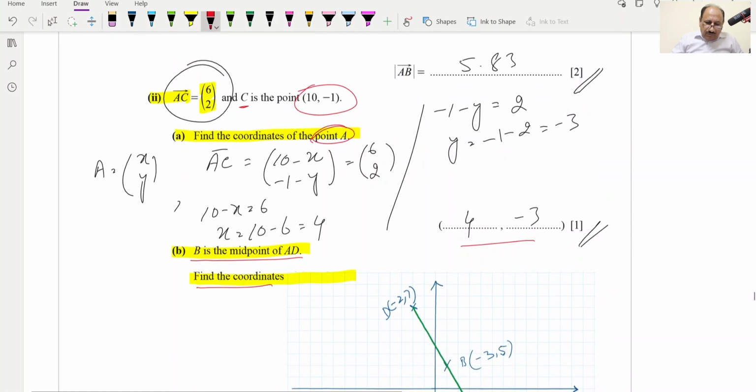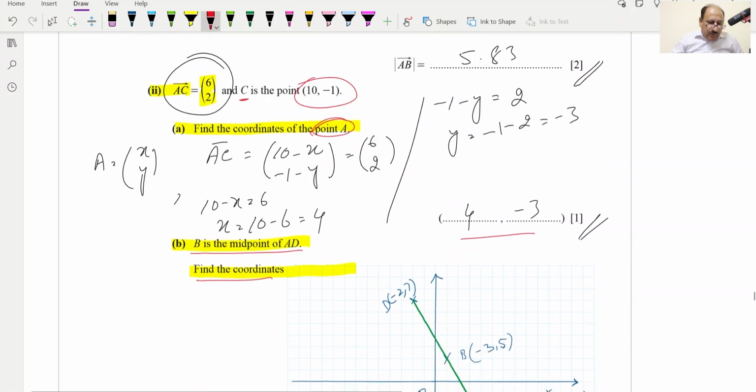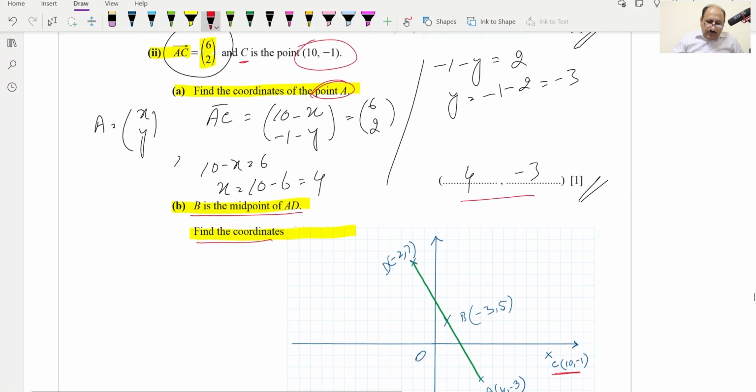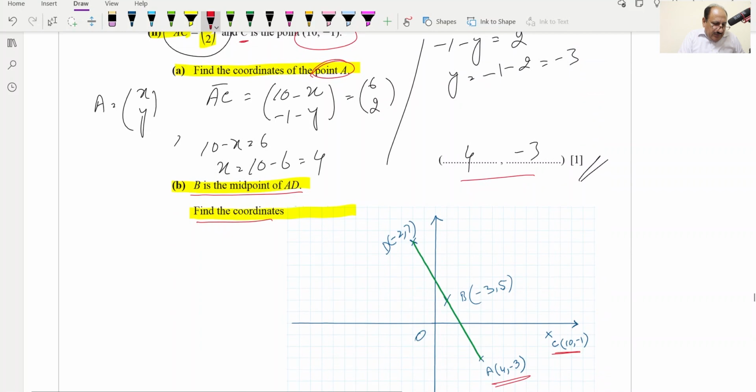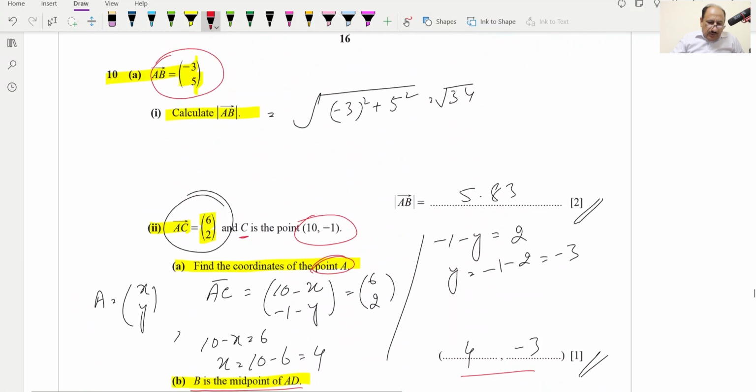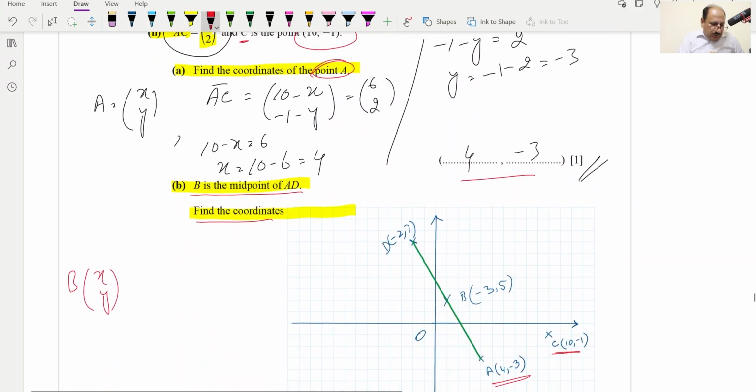So we can find B point. How will we find B point? We can take B as x and y, and A point is 4 and minus 3. So I have taken A from here.